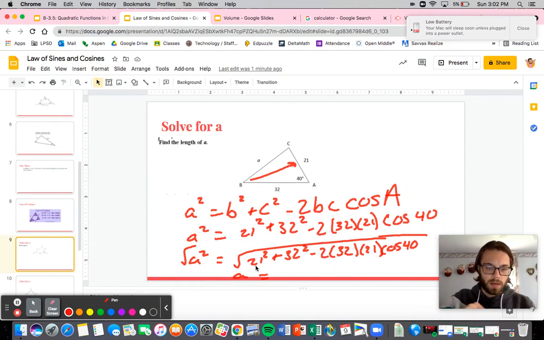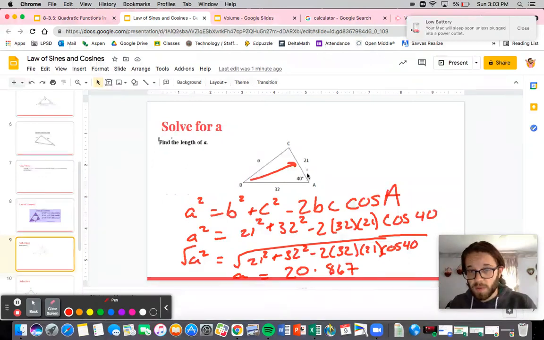And you should get that your side length is going to be 20.867. Which, I mean, that looks like it's going to roughly make sense, right? These two angles look to be about the same.